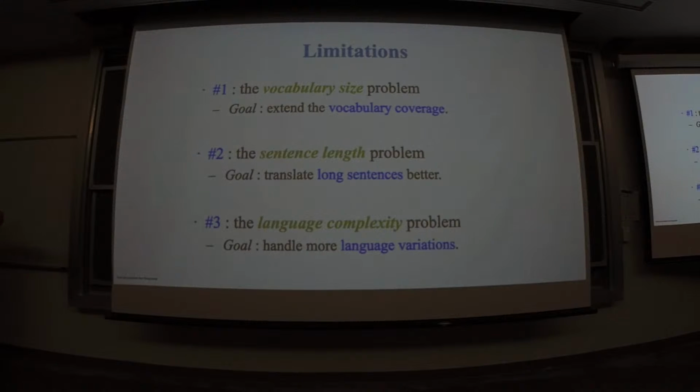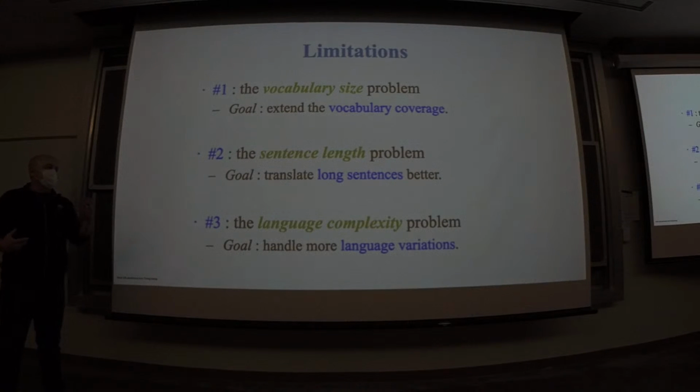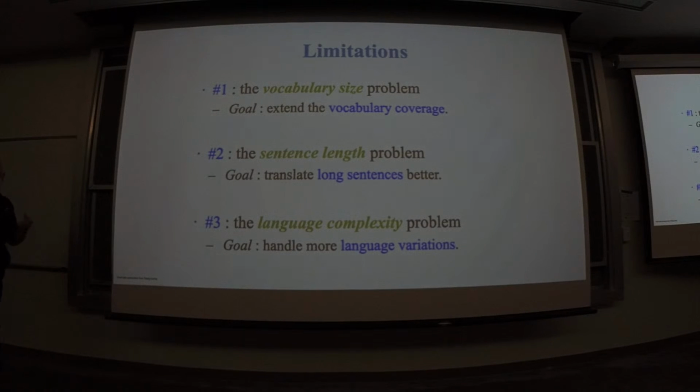Sentence length. The longer the sentences get, the harder time these encoder-decoder RNNs have, because of the need to aggregate so much information across such long sentences. And then, take any two pairs of languages, they're not equivalent, right? Language is complex.